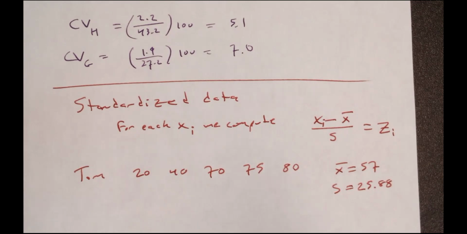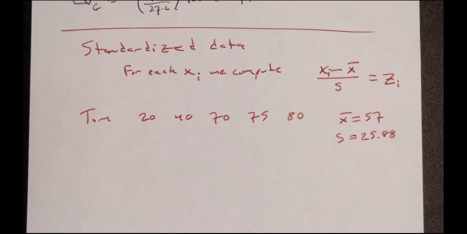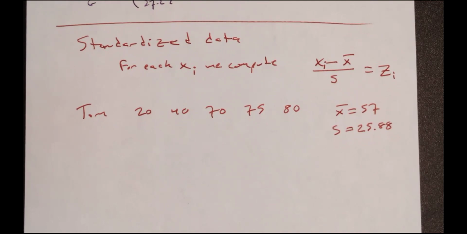Let us standardize this data. These are the actual raw quiz scores. When I standardize my data, I convert all of these X's into Z's.